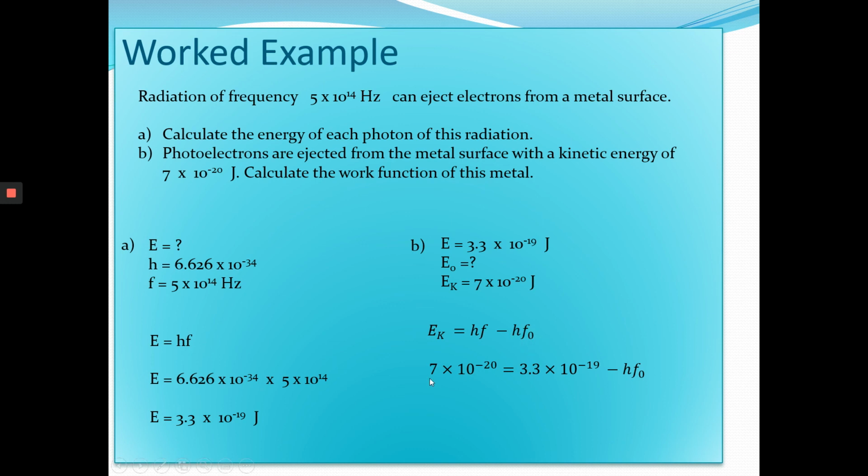So the kinetic energy is 7 times 10 to the negative 20, and the energy of our photon is 3.3 times 10 to the negative 19, take away the unknown. We can just rearrange it, and we work out that our work function is 2.6 times 10 to the negative 19.